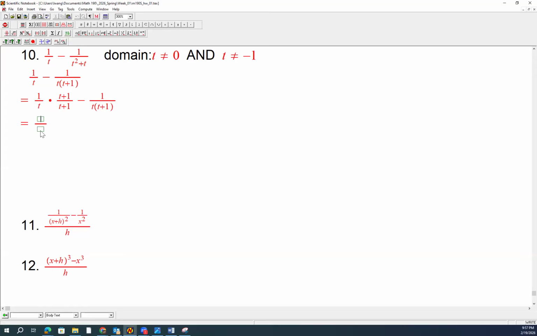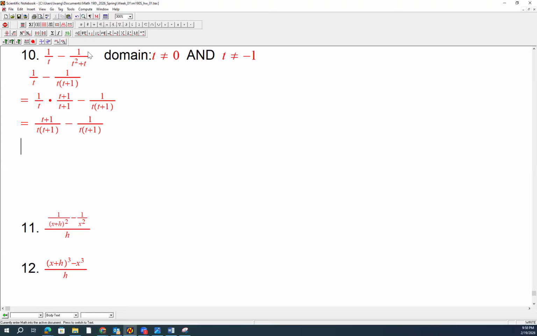So now we have t times t plus 1. And the top is 1 times t plus 1 minus 1 over t times t plus 1. Same denominator.